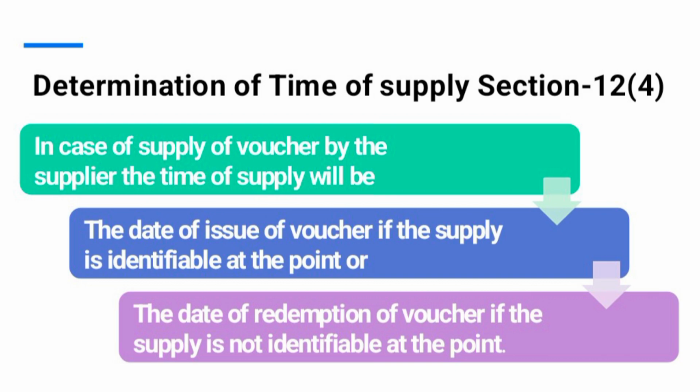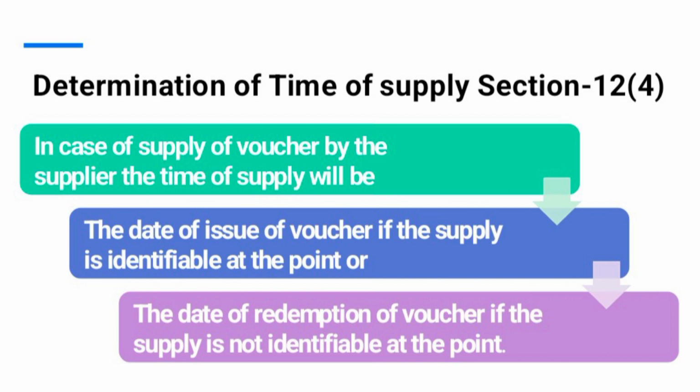There are two cases. Suppose the voucher is specifically identified. Suppose the supplier gives you a voucher and it is specifically identified which items you will purchase by that voucher.